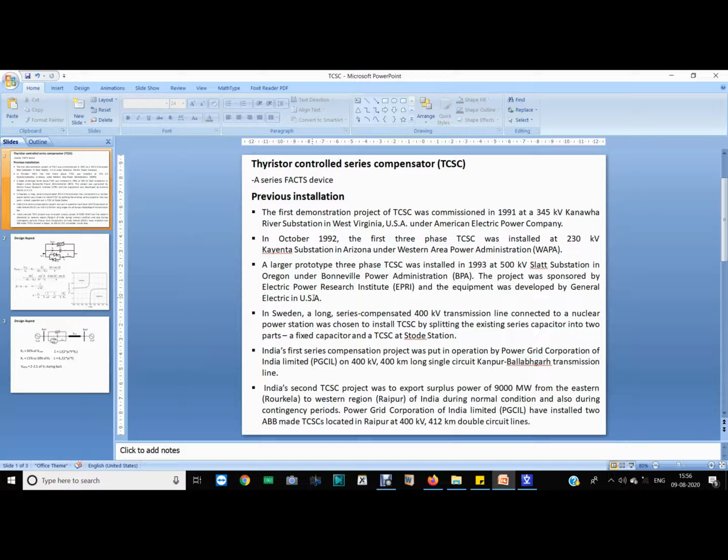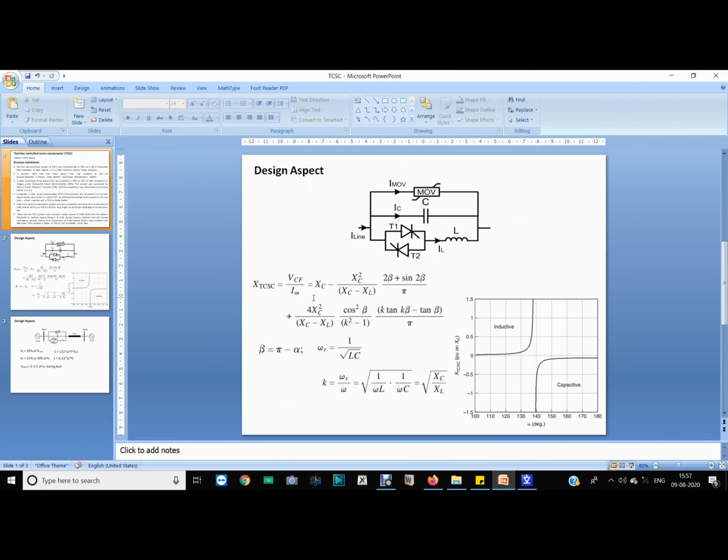India's second TCSC project was also commissioned by PGCIL, between Raipur and Rourkela transmission line of capacity 9,000 megawatt, and it is a double circuit transmission line of 412 kilometer. Okay, this is the basic previous installation, and now I'm going to the design aspect.